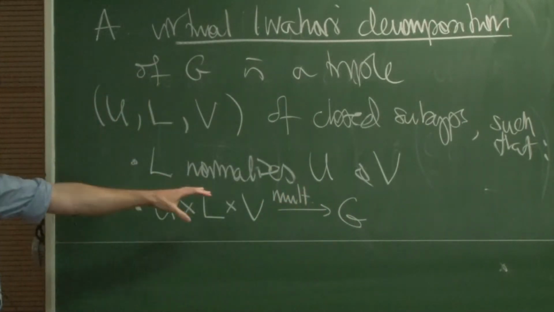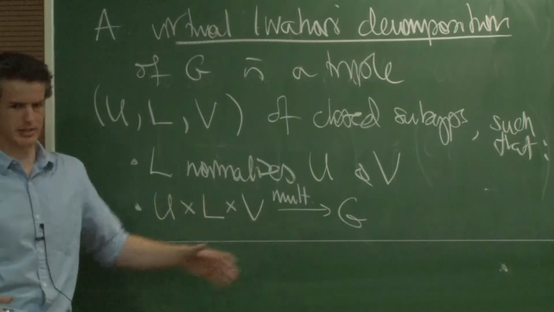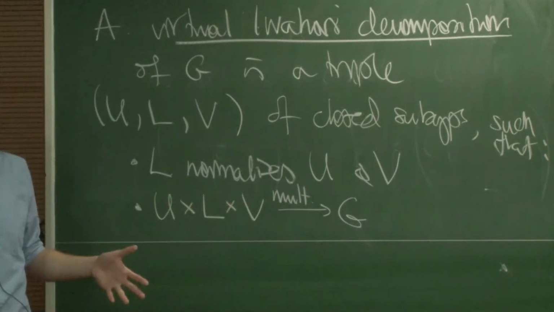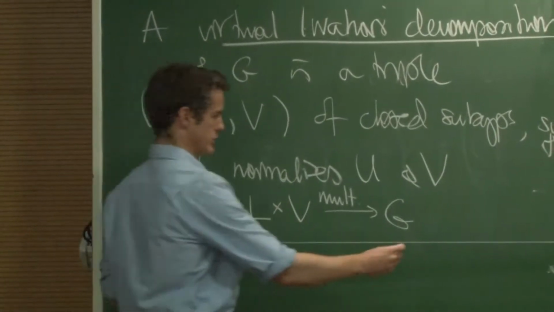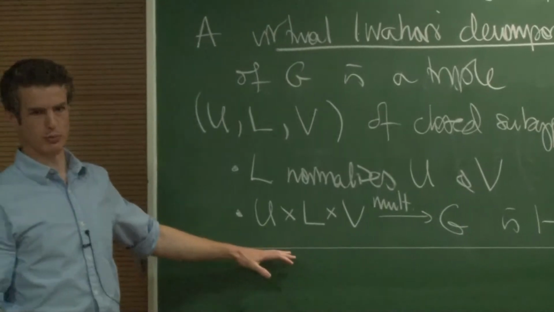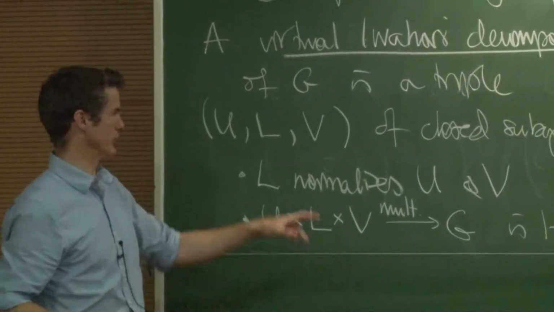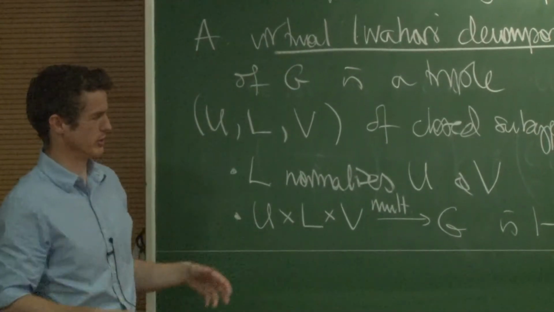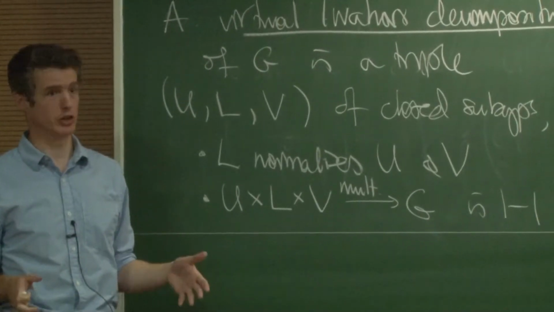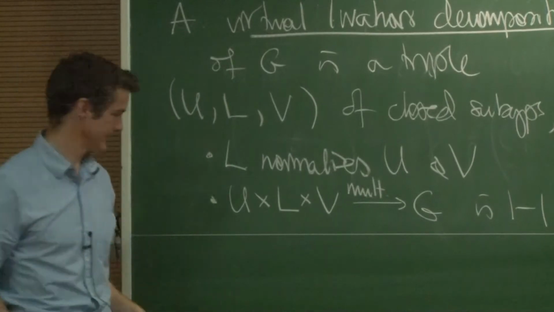If I were going to write down an actual Iwahori decomposition, like of the Iwahori subgroup, I would say that this is a homeomorphism, a bijection. I'm not going to say that, I'm just going to say that it's one-to-one. And the next point is going to imply that it has an open image. This is where virtual comes in. It's not an actual Iwahori decomposition, but it's an Iwahori decomposition of some open subset, not necessarily an open subgroup.